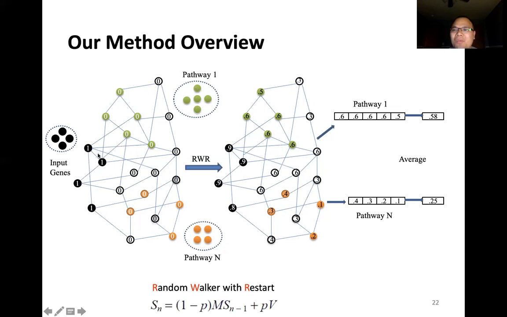Then we propagate the values at the input genes to other genes through a mathematical formula called random walk with restart. Then each node in the network receives some value. We can then calculate the values in different pathways, and measure the relationship from the input genes to pathways.